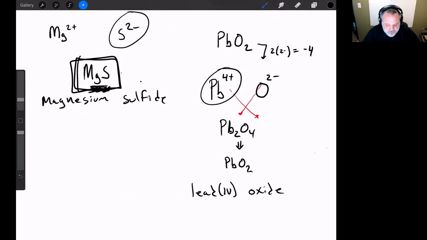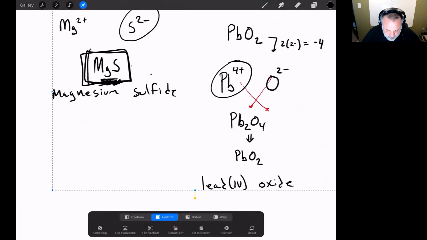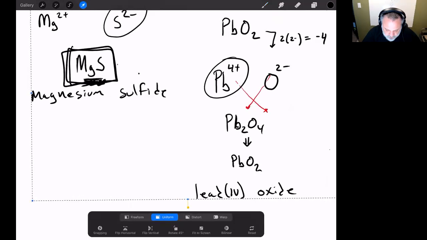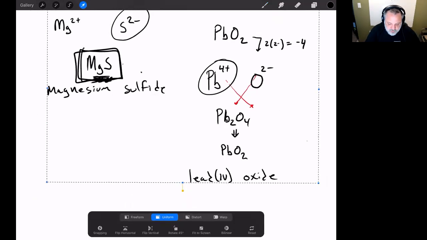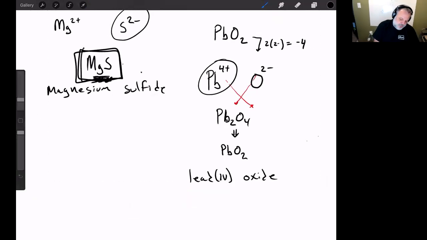So here are the 4 transition metals that have only 1 charge. And so you don't need to use Roman numerals with them. It's the cadmium ion, and that's Cd2+, zinc ion, and it's always Zn2+.